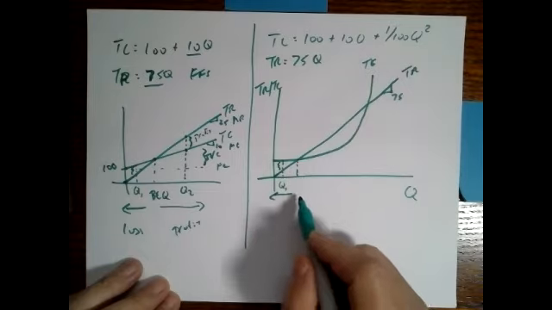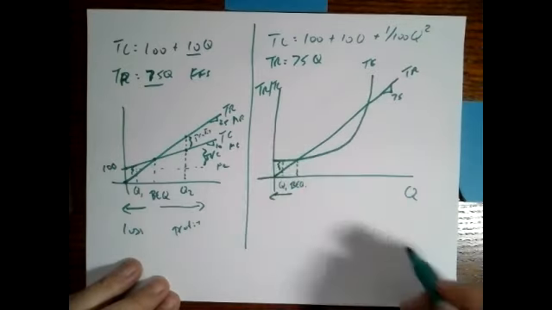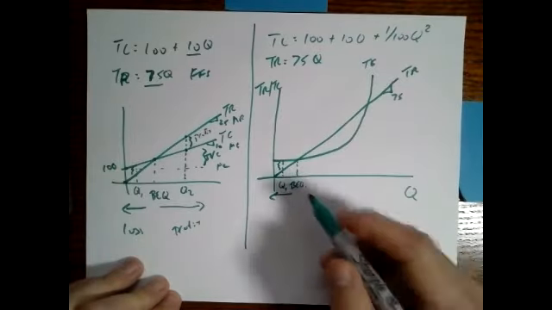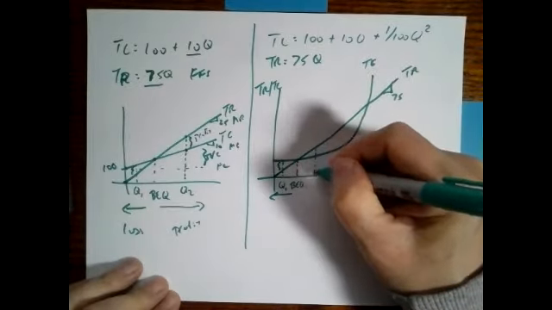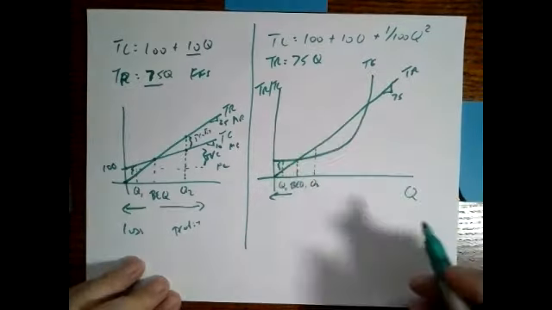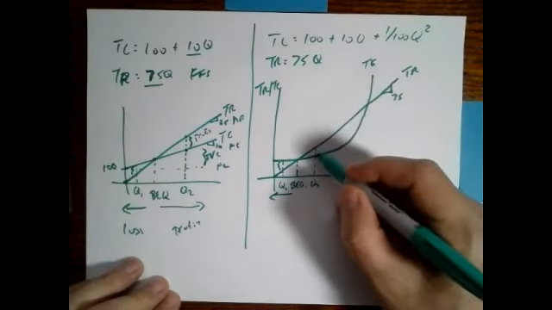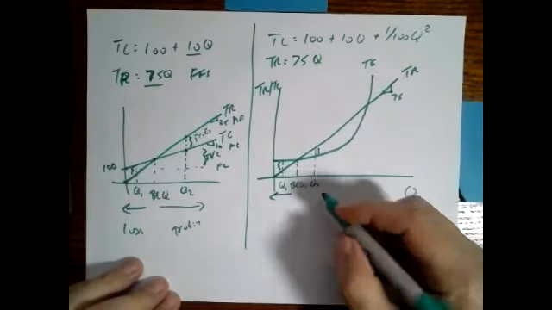Now, when we cross the break-even quantity, we'll call that break-even quantity 1, we move into a zone of profit where, say at Q2, the total revenue line is now above the total cost line, and so we have profit.